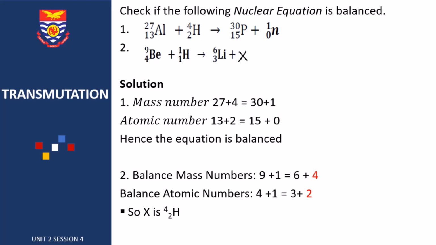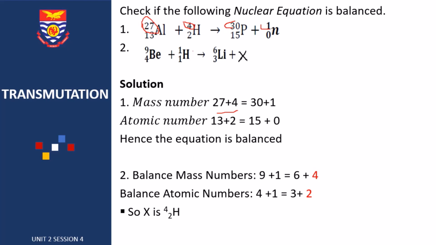Aluminium has an atomic mass of 27 and helium has an atomic mass of 4. So we have 27 plus 4, and that should be equal to the atomic mass of phosphorus, which is 30, plus the atomic mass of the neutron, which is 1. So 27 plus 4 is 31, and 30 plus 1 is 31. So the atomic masses on both sides of equation 1 are balanced.